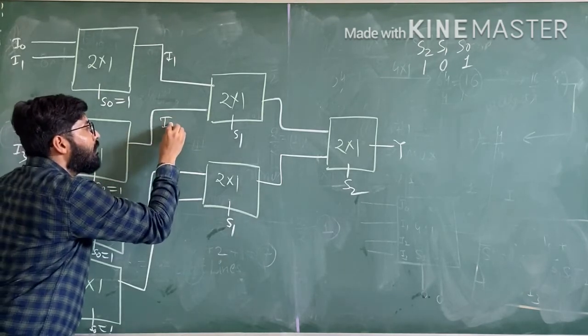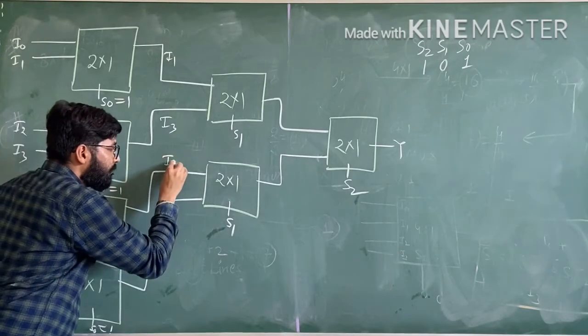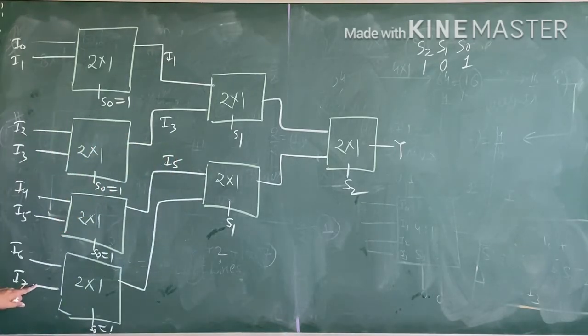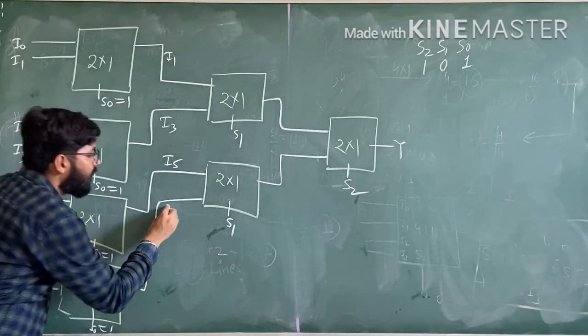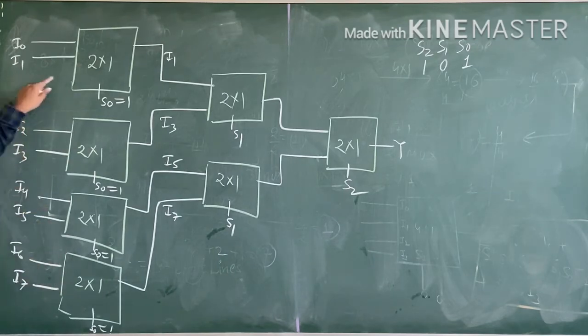We have I3 here. Similarly, the second input line is I5, and similarly we put I7 here. Is it clear? With the select line, we get the outputs I1, I3, I5, I7.